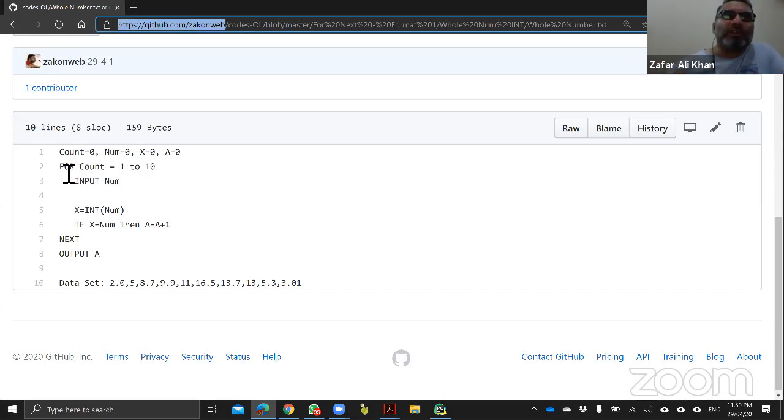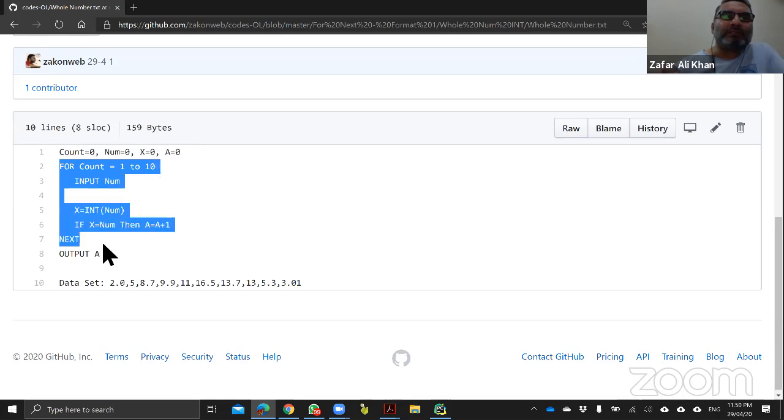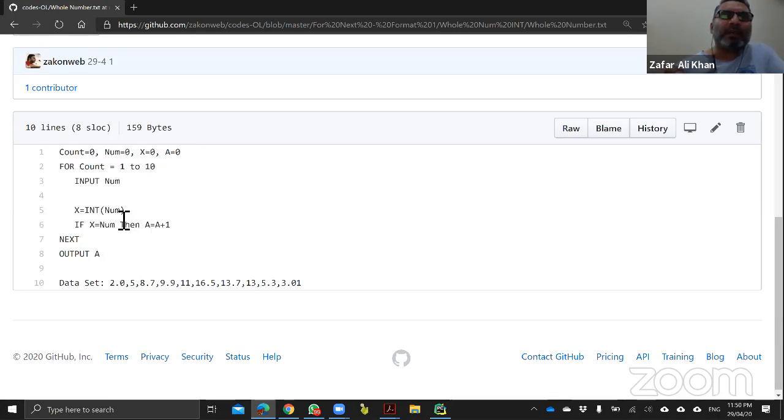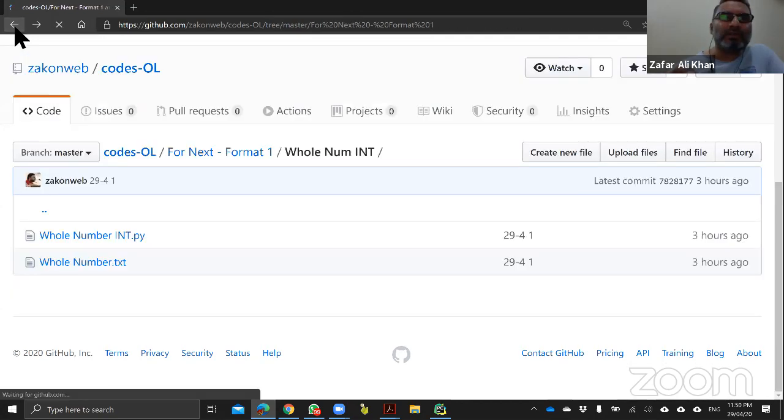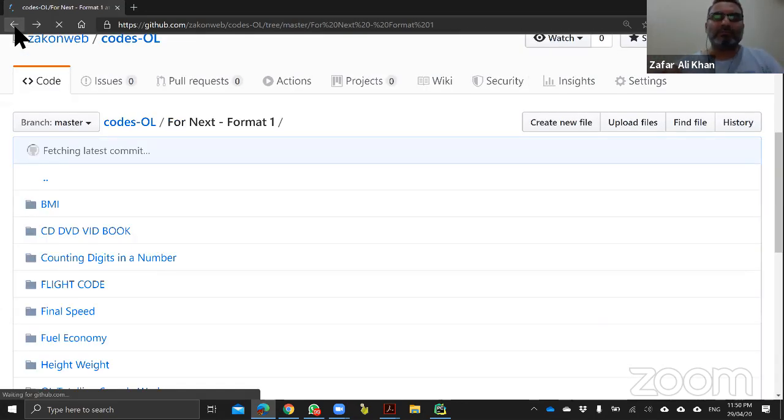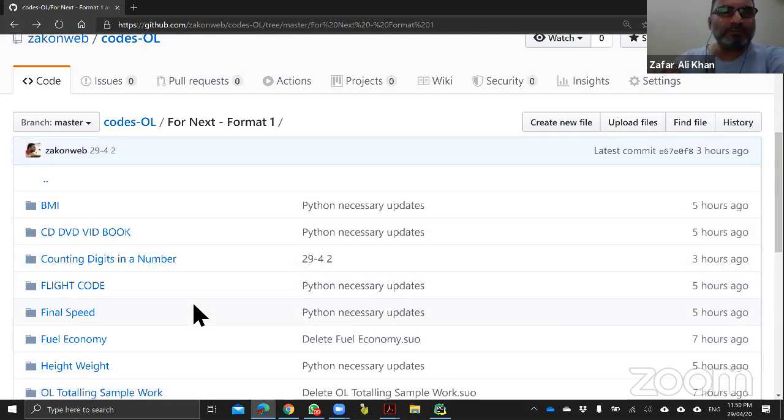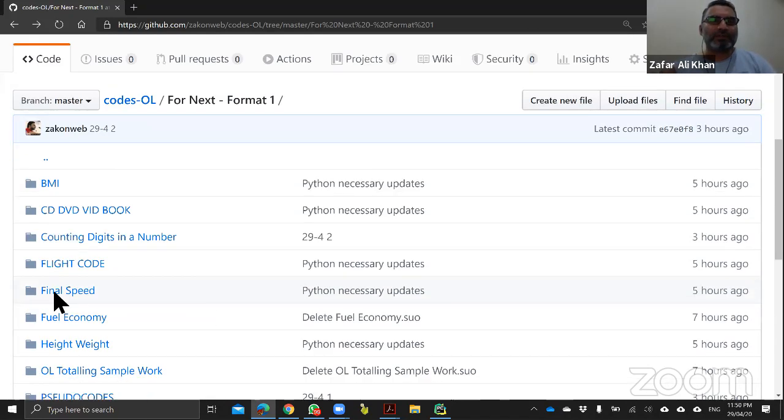Now let's see. In pseudocode, it has become for count is equal to 1 to 10 until next, then we enter a number. Sorry, which one is this? It's not whole number, it's CD DVD book. No, which one is this? Barcode check digit.